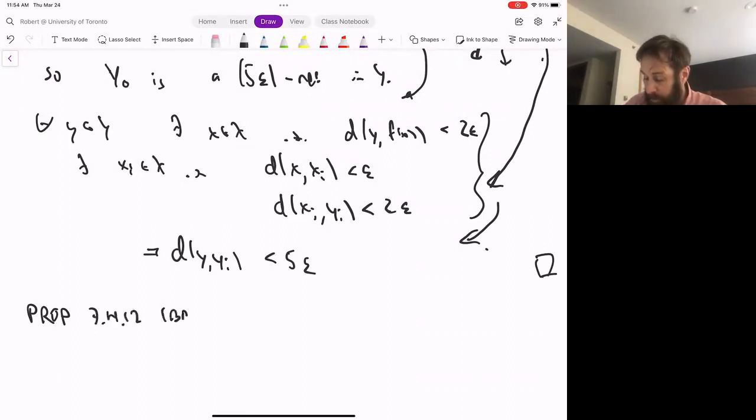So this is Burago and Ivanov, Proposition 7.4.12, the finite DGH convergence criterion.